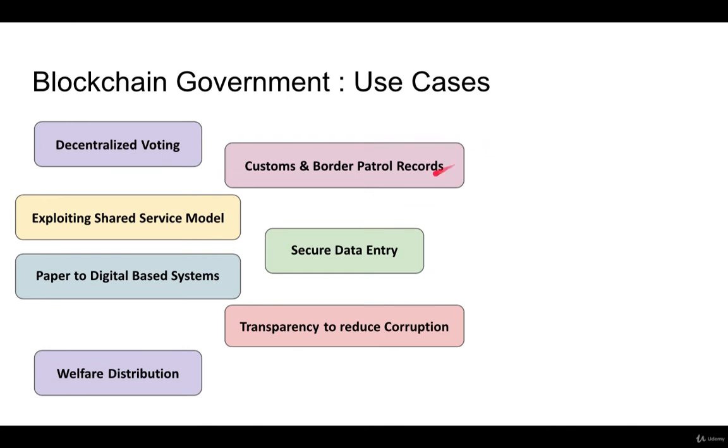The customs and border patrol records could be on the land or on the water, or maybe for the air, that is at the airports. And blockchain in this area will definitely help, because we can have information about the origin and the legitimacy of the shipments, and we can know real time information about how a particular shipment is flowing through, and which customs agent was involved in approving that shipment.